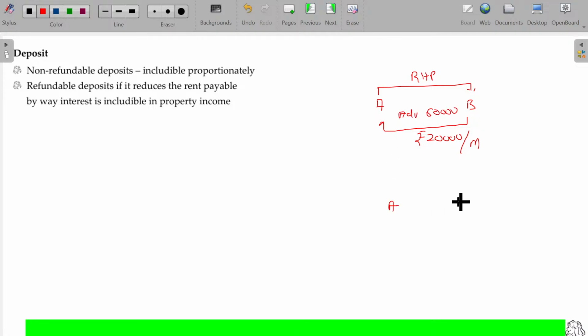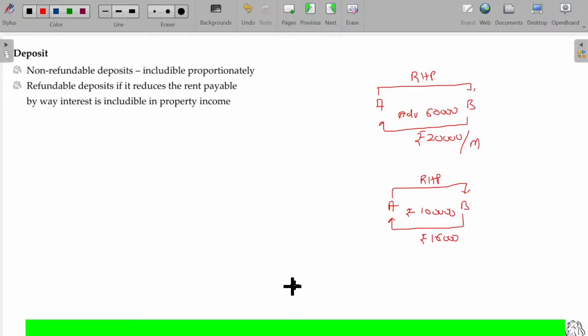And A lets out his residential house property to B. For that, he gets an advance of rupees 1 lakh and the rent being 16,000 only.